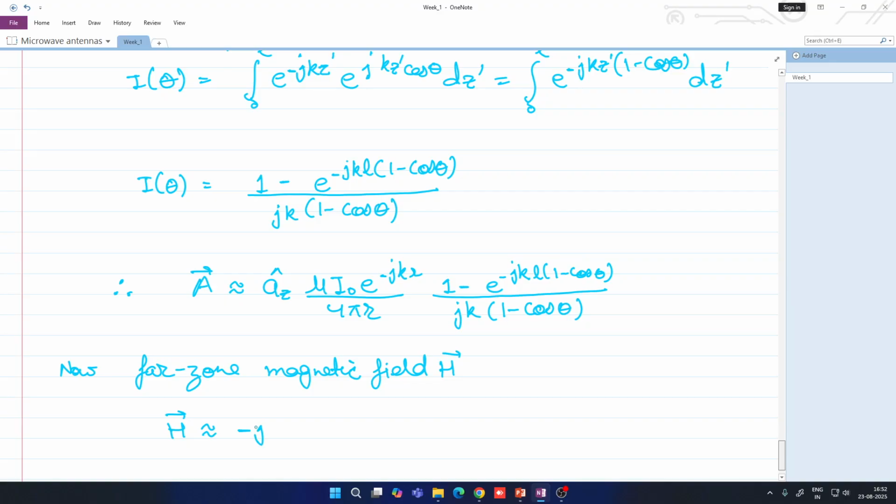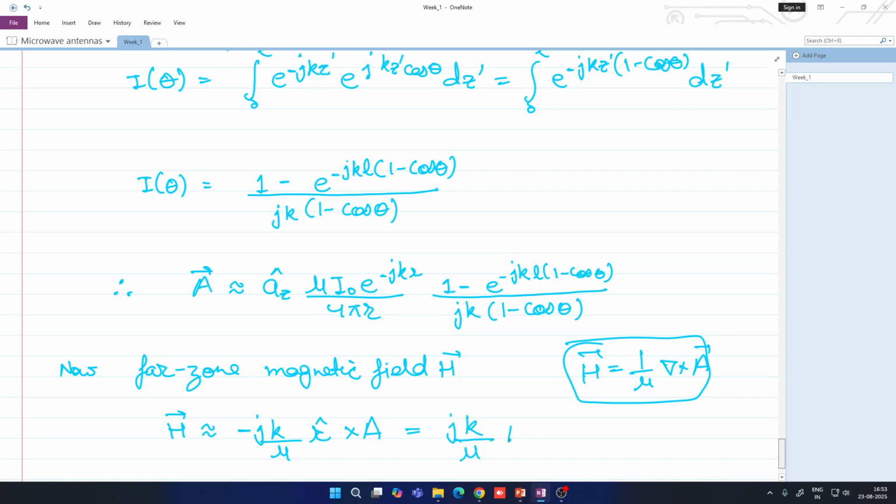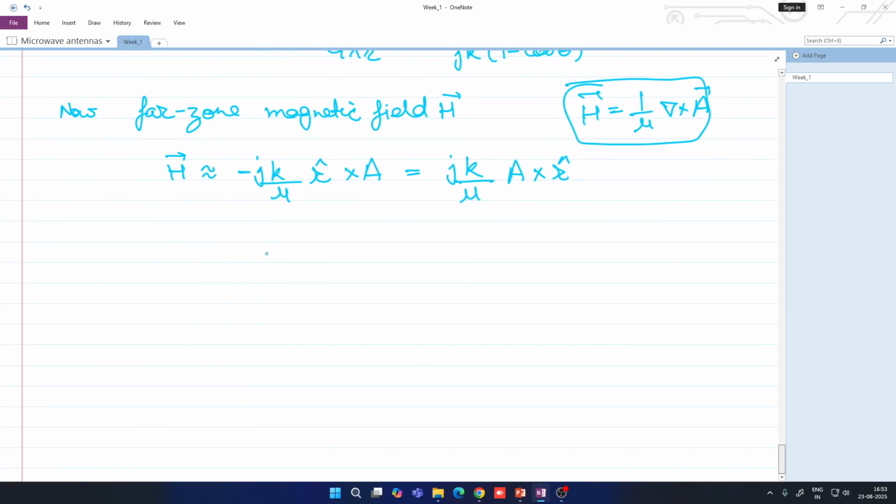It is given by minus jk by mu, r cap cross A. So for the far field, instead of 1 by mu del cross A, we can rewrite this as jk by mu into A cross r cap, where A z cap cross r cap is sin theta into phi cap, if you want to write it in the spherical coordinate system.